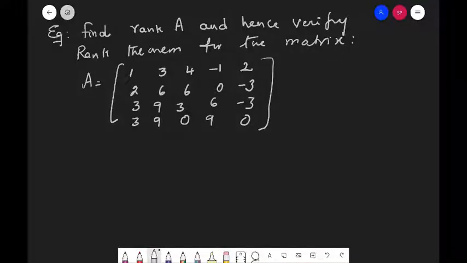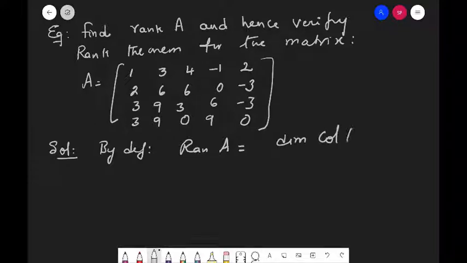Now let us look at this problem. Find rank A and hence verify the rank theorem for the following matrix. Now by definition, what is rank A? By definition, rank A is equal to the dimension of the column space of A. This is one.